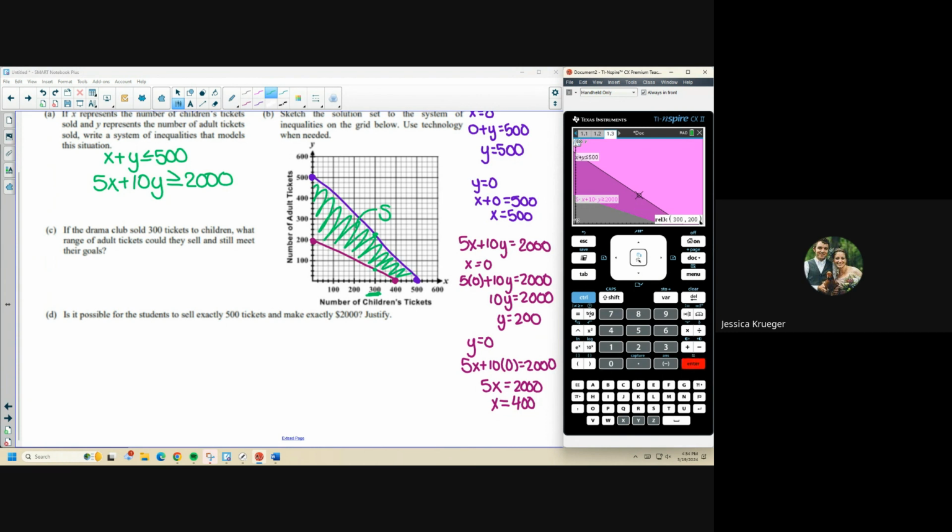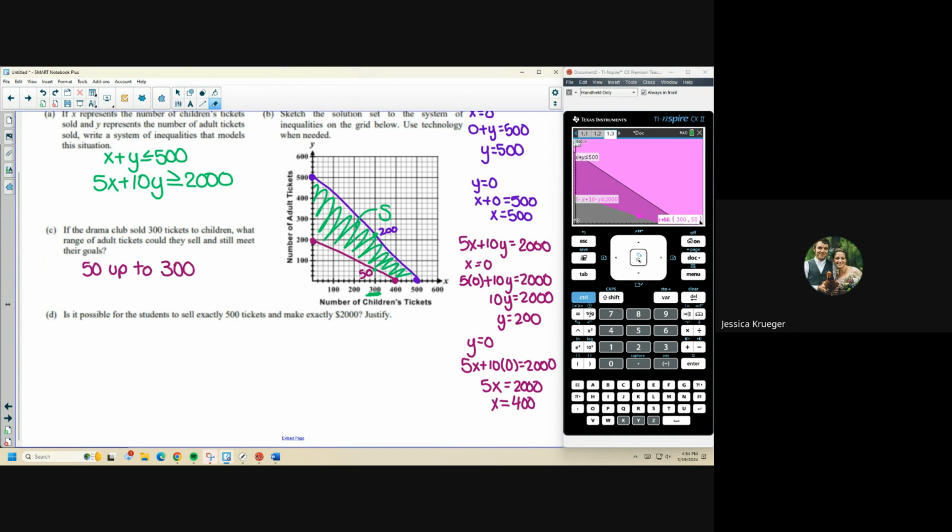So it looks like the maximum, the top value is at 200. And the minimum value, if I hit my down arrow, I see it's at 50. Ooh, my lines were actually pretty close. So it looks like they could sell anywhere from 50 up to 300.